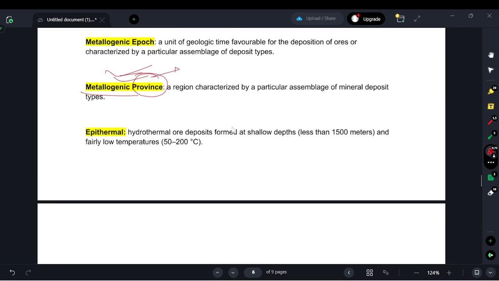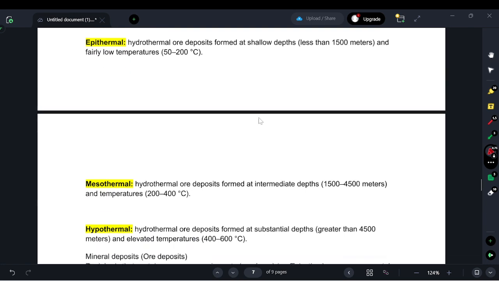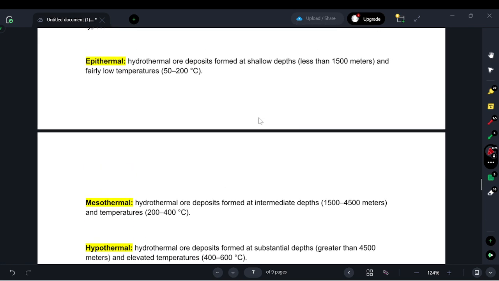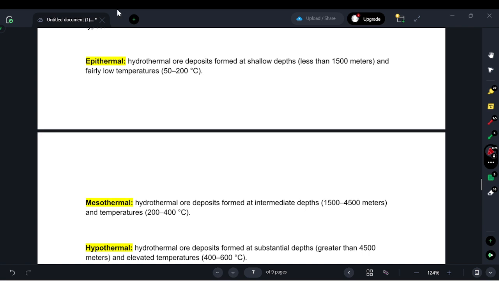Now, we have the epithermal deposit. We have three kinds of hydrothermal ore deposit: the epithermal, the mesothermal, and the hypothermal. From the word epithermal itself, you can understand that it will form at shallow depth, which is generally less than 1500 meters.